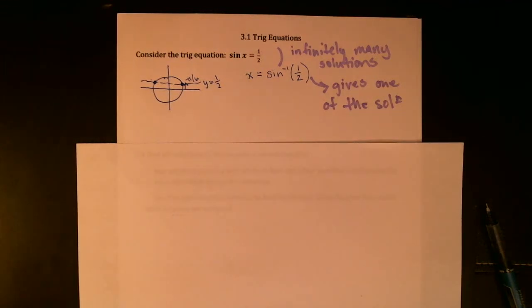The number one thing to be clear of is that inverse sine exclusively gives us the arc length between negative pi over 2 and pi over 2. And often when we're solving these things, we're looking for all possible arc lengths. So this is not going to be the end of the story for us.